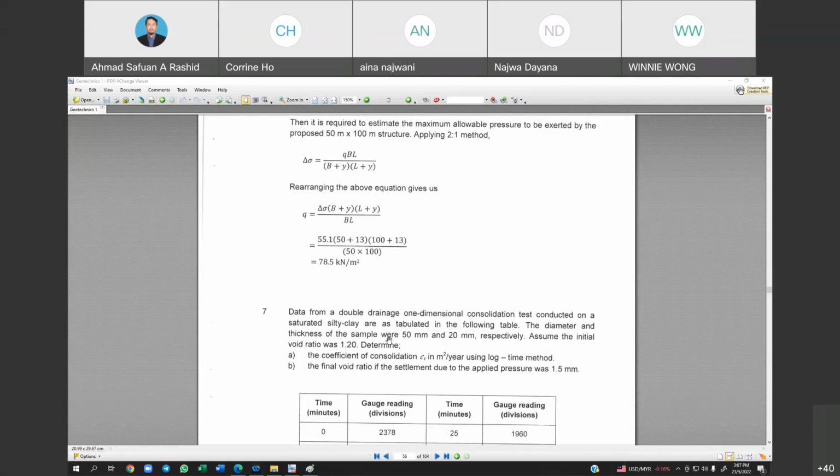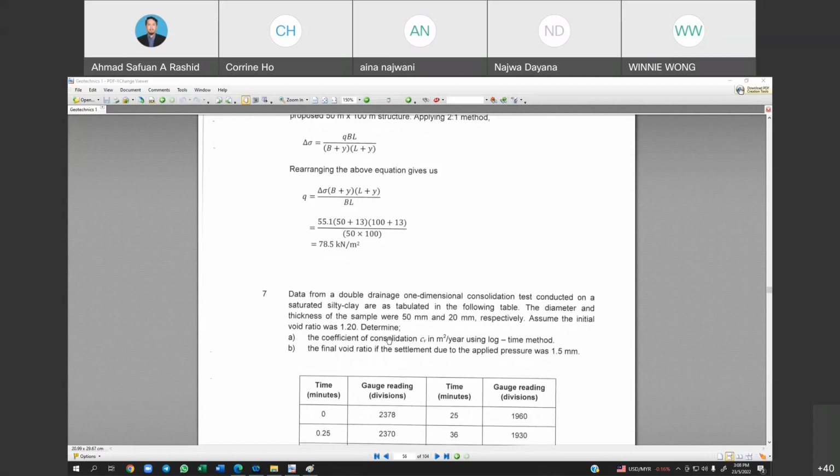The diameter and thickness of the sample were 50 millimeter and 20 millimeter respectively. Assume the initial void ratio was 1.2. So the first question, determine the coefficient of consolidation Cv in meter square per year using the log time method.